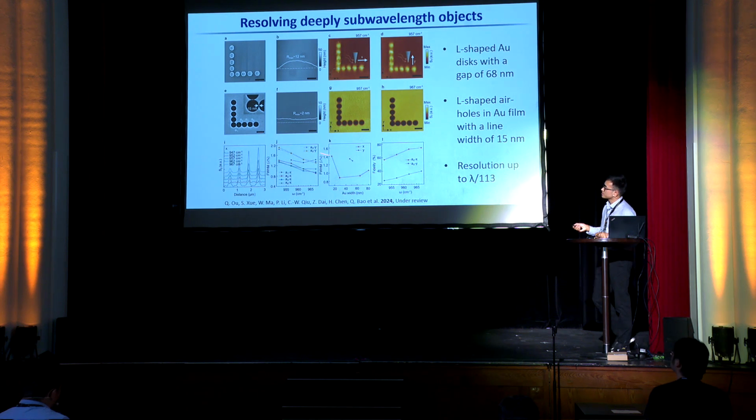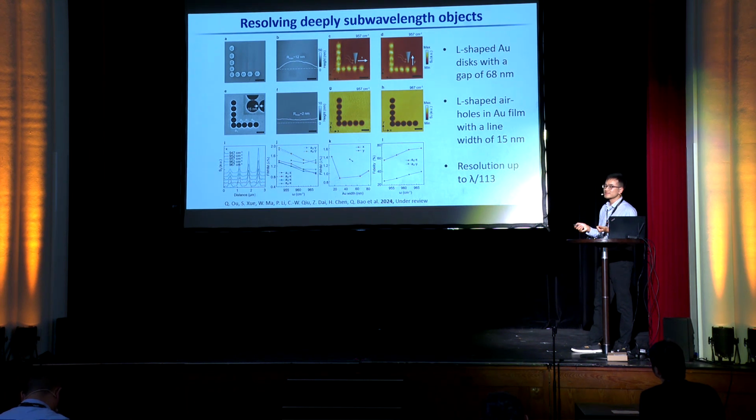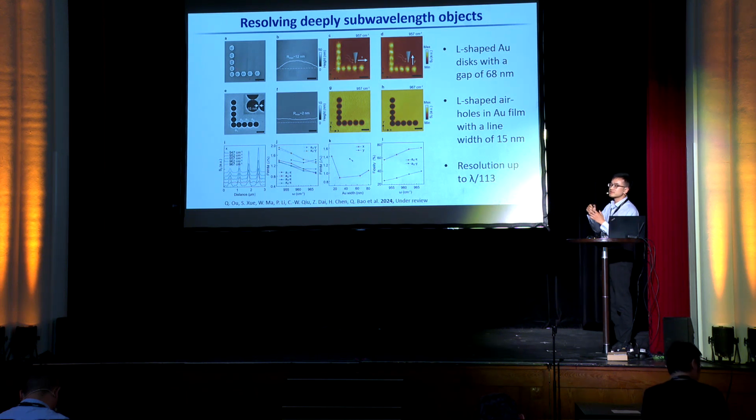In this work, we first used a gold disk, resembling the hBN imaging. Next we are trying to push the limit of the narrowest object by using FEEP to get a 15 nanometer width gold line.